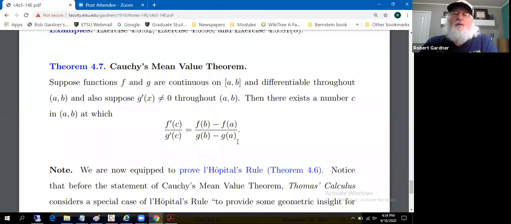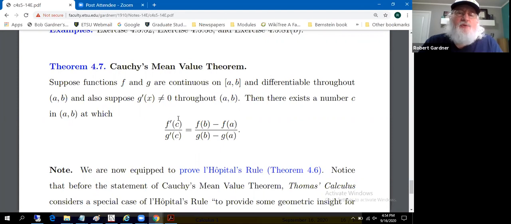c over g prime of c equals f of b minus f of a over g of b minus g of a. All right, first off, that reminds you of at least a little bit of the regular old mean value theorem. Mean value theorem said, forget all the g stuff, there was a point under all these hypotheses, there was a point c such that f prime of c equals f of b minus f of a divided by b minus a.